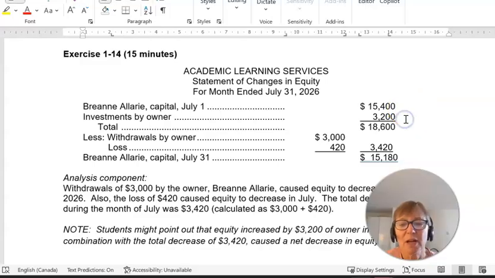Investments, 3,200. That gives us our total of 18,600 of inputs. We've got withdrawals by the owner of 3,000. We had a loss of 420. So subtracting from our current equity, we have 3,420 to give us an ending balance for our equity of 15,180.